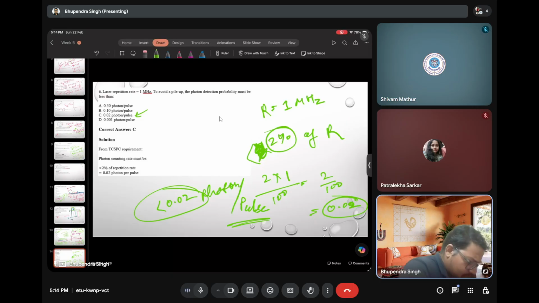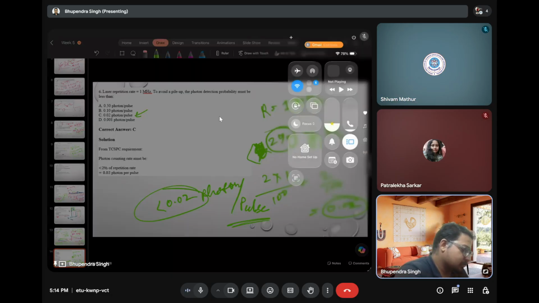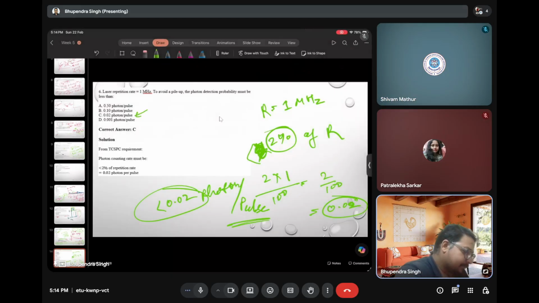No, I think I have said wrong. Because here is coming the 0.02 photons per pulse. I cannot say like this because it depends on your repetition rate also.